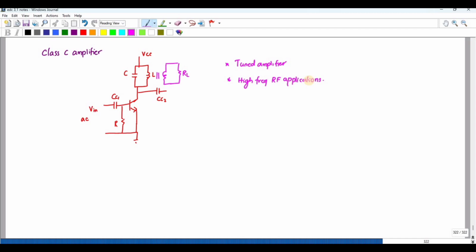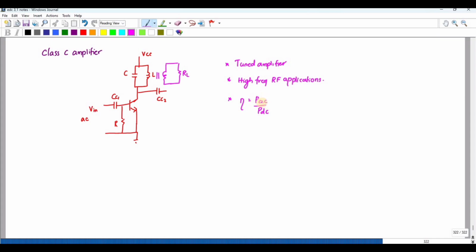And it is highly efficient, because the efficiency is more than 90%. So we know that the conversion efficiency formula is P AC divided by P DC.